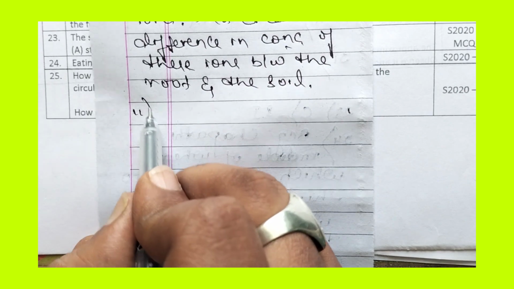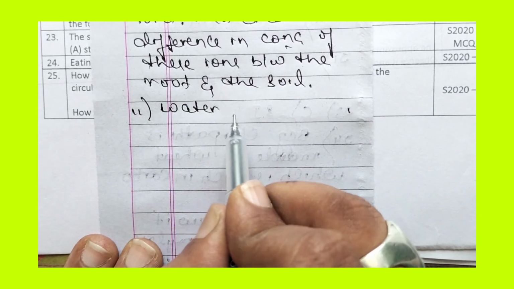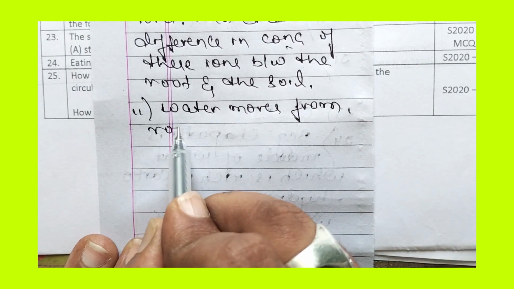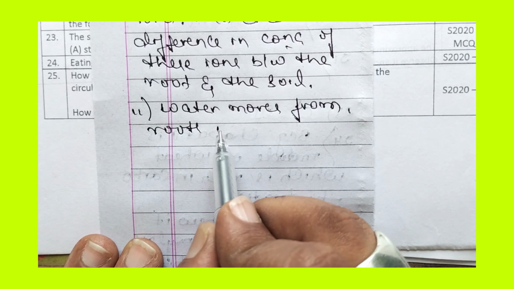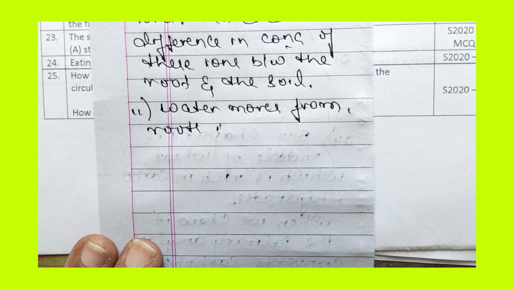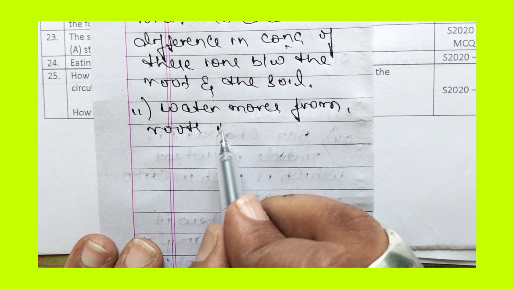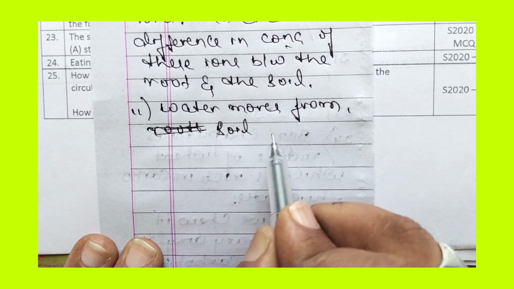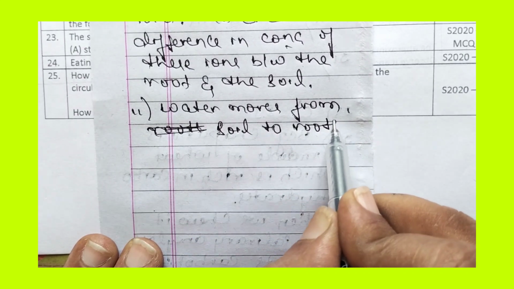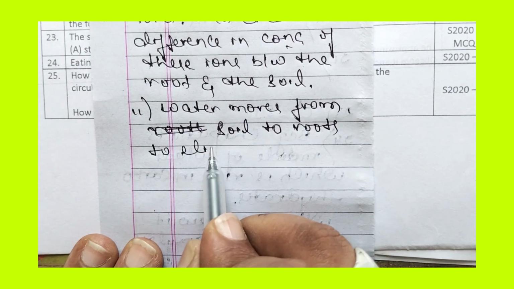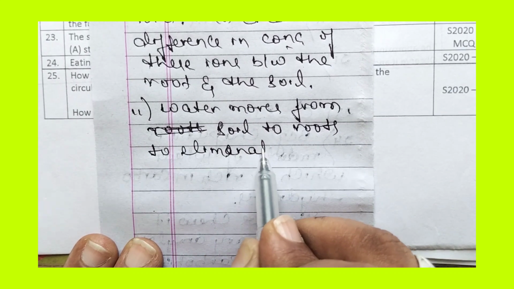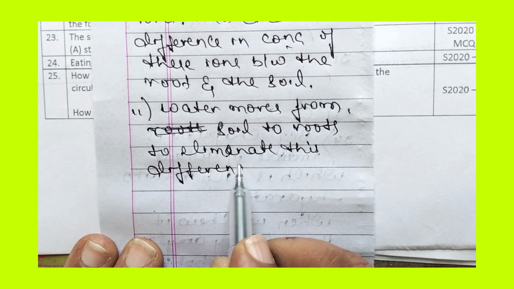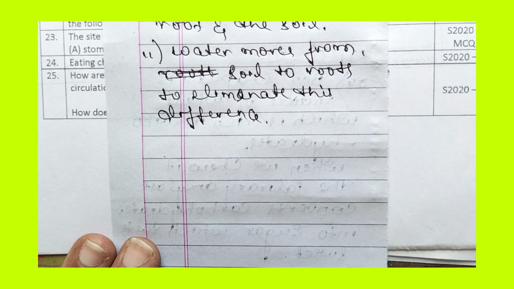Then the second point is that water moves from the soil to the roots to eliminate this difference. This is the second point you have to write.